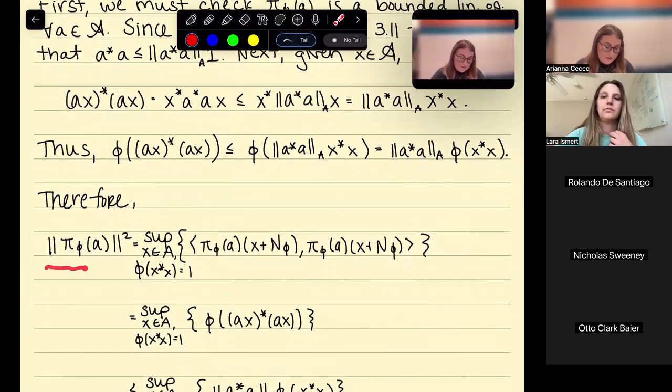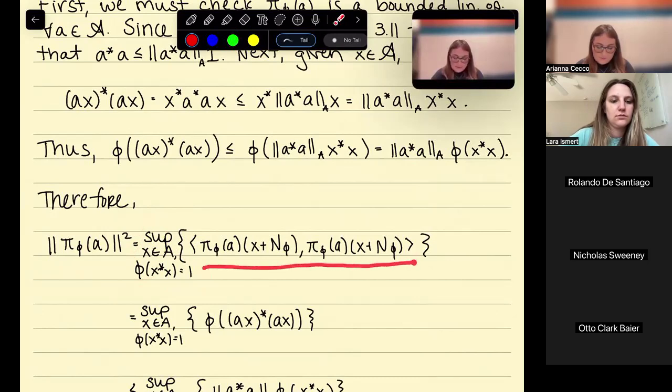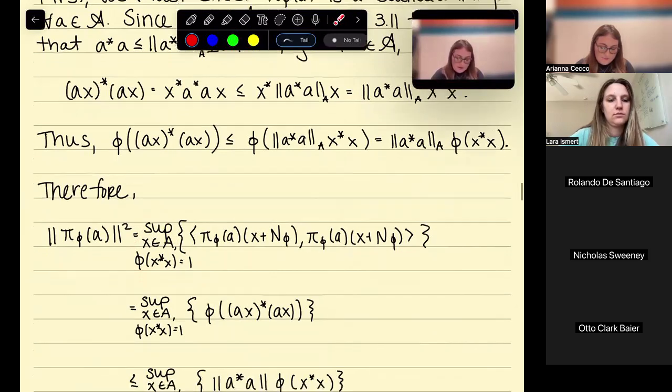So first, the norm of pi sub phi of A, norm squared, is going to be the supremum over all x in A such that phi of x star x equals 1 of this inner product.